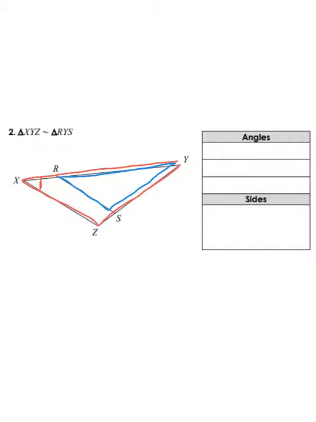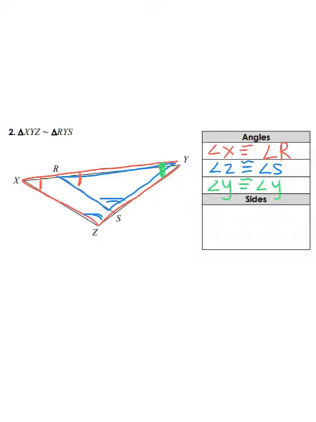Okay, so angle X would be congruent to angle R. Those are the same size angles. One's just in the big red triangle, one's in the little blue triangle. Okay, Z would be congruent to S. Angle Z is congruent to angle S. And then this seems pretty obvious, but it's true. Angle Y is congruent to itself.